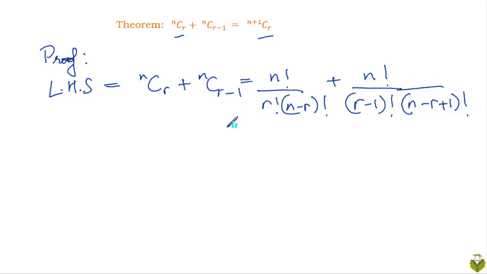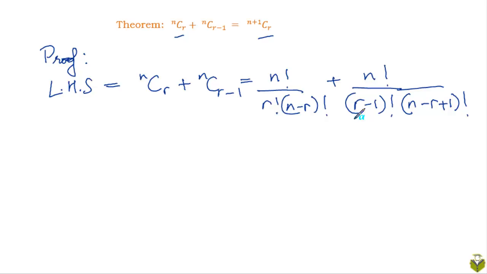So now what should we do? We want to obviously get the right hand side. Whenever we have two expressions, we want to find how we can add these. We first find the common factors, right? We know that at least n factorial in the numerator is a common factor, but what about the denominator?